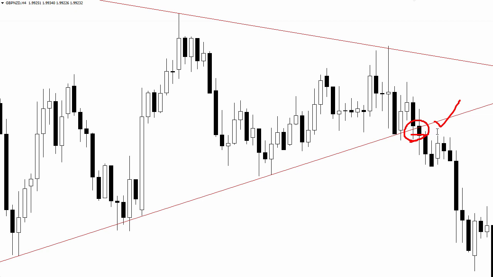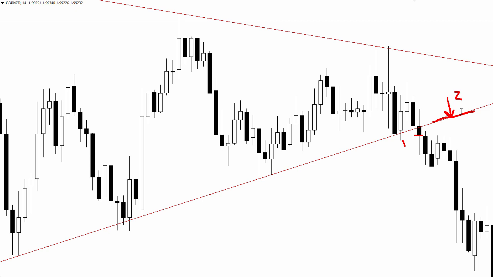Now, there's a couple different ways to enter this market. You can either wait for a retrace back to this level as new resistance. So in other words, you would wait for this break here, right? That's step number one. The second step would be to wait for a retest of this level as new resistance. That would be step number two.